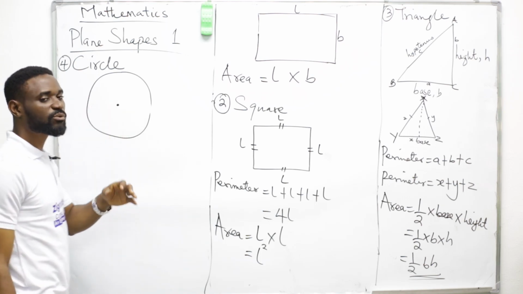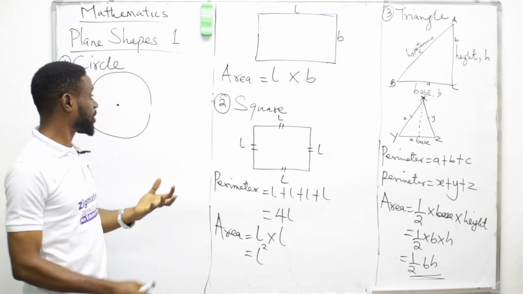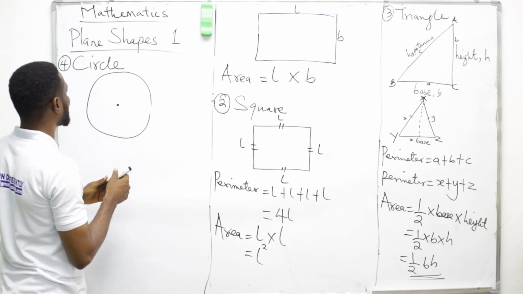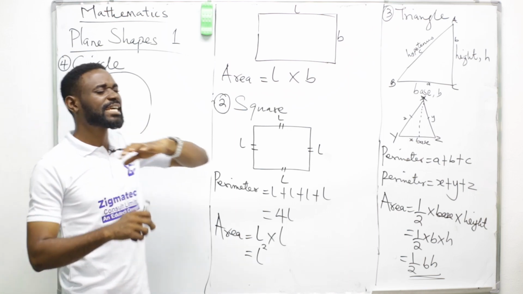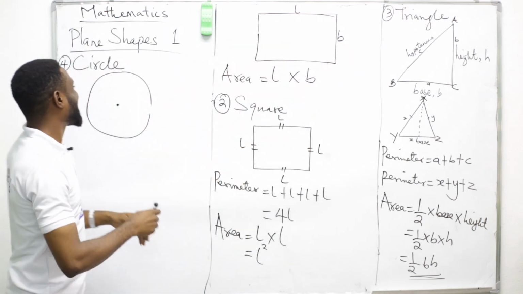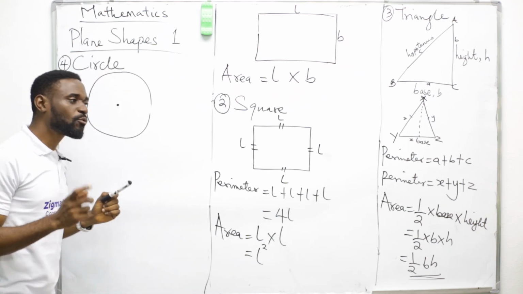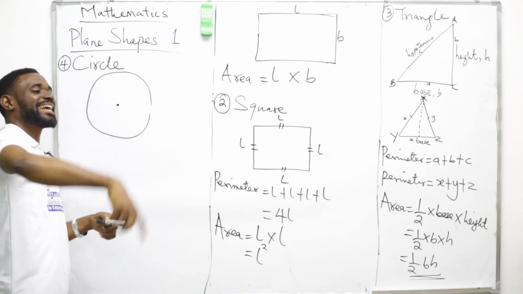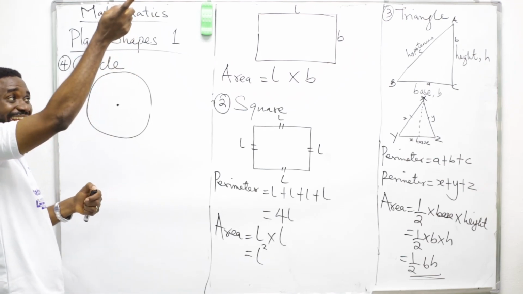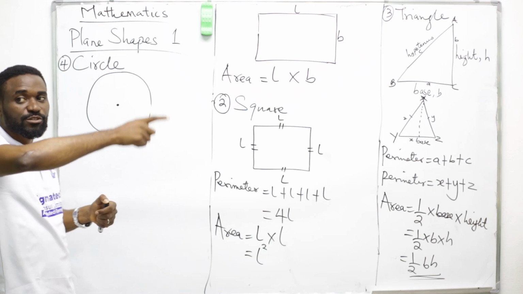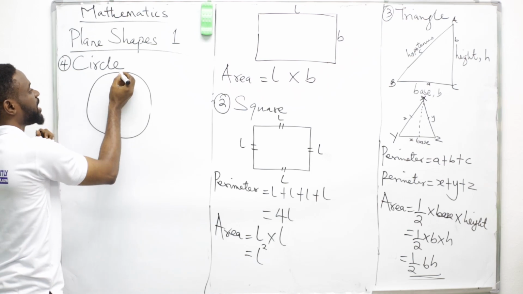Now, there are some features of the circle that we should quickly recap. I know you have probably heard about some of these properties. A circle is formed by a circumference, a curvy line that joins to the point where it started. Let's assume this circle started from here. Can you see now?